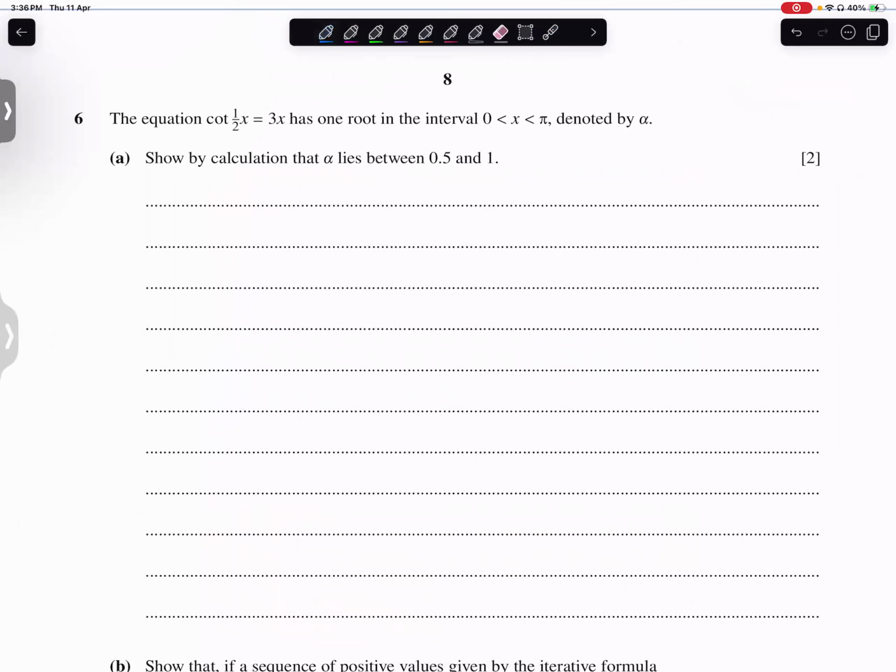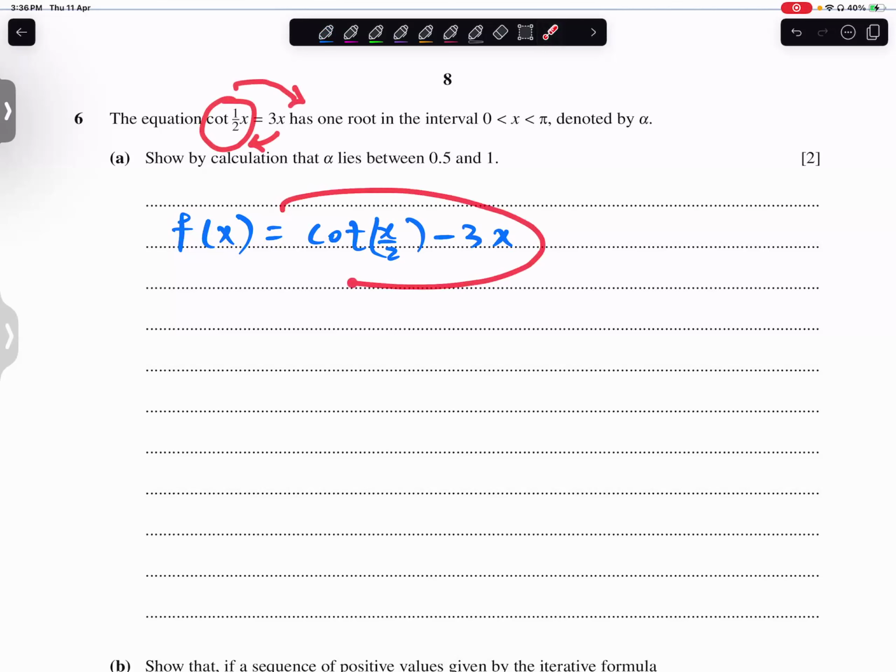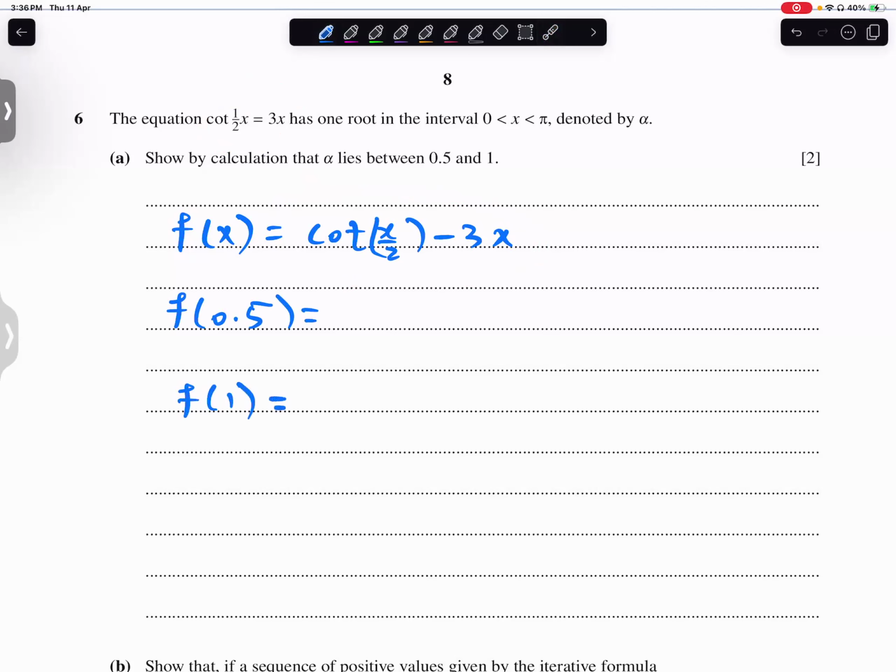So let's make a function. Let's make a function f of x, which will be cot x by 2 minus 3x. You can either bring this on the right side or 3x on the left side to make a function, doesn't matter. Now put f of 0.5. Let's calculate this answer and then check f of 1.